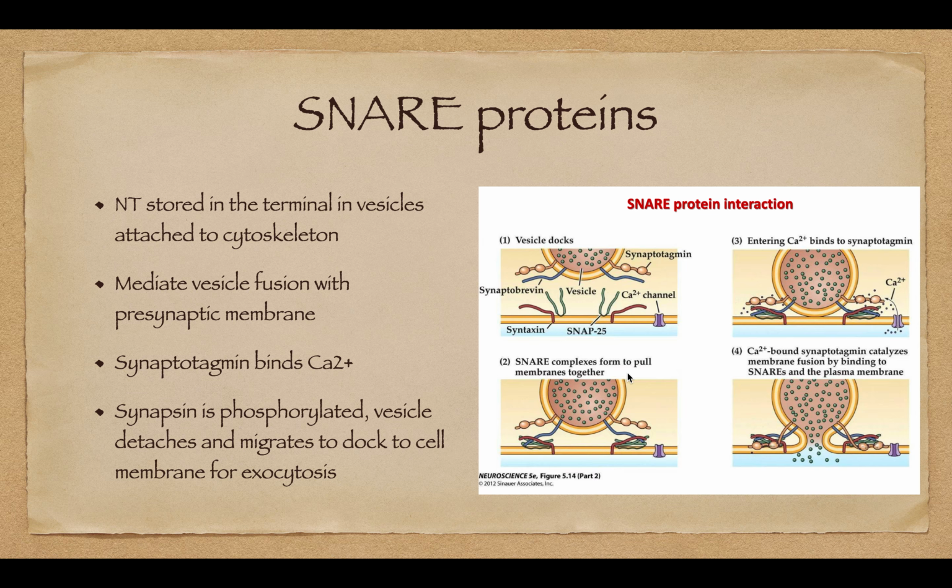And then synapsin is phosphorylated, the vesicle will detach, and it will migrate to dock at the cell. Migrating, here it is, docking. Once they dock, the membranes will fuse and allow the cell to exocytose the neurotransmitters.